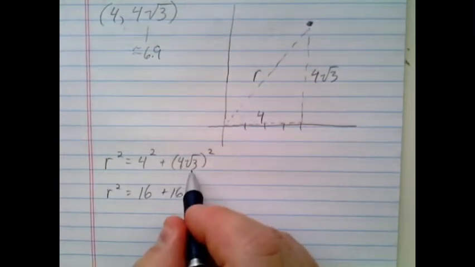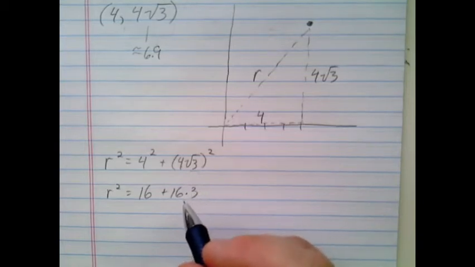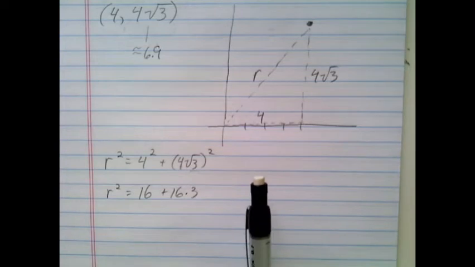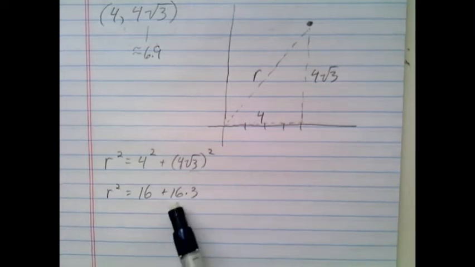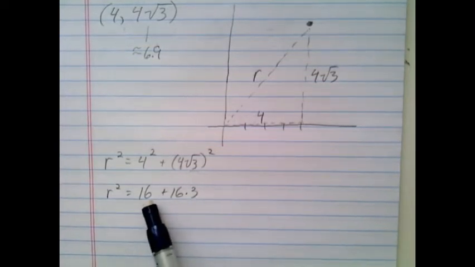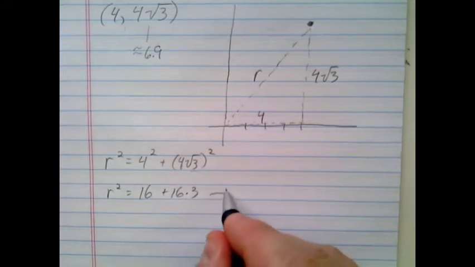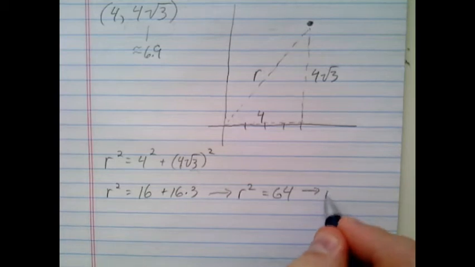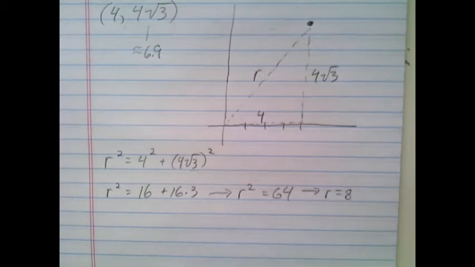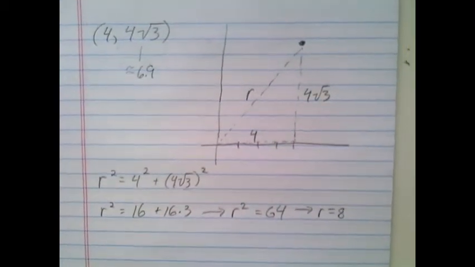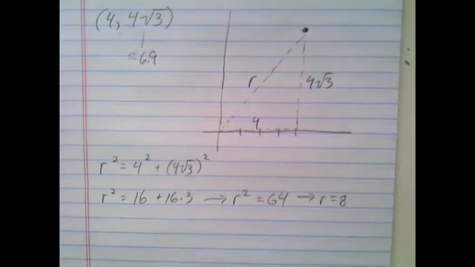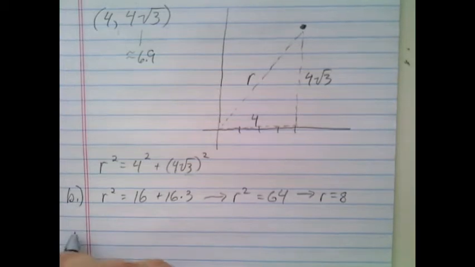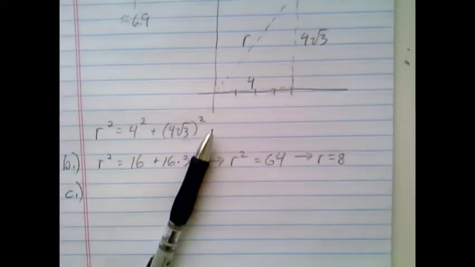The 4 gets squared and the square root of 3 gets squared. Let me see. 16 times 3 is 48, plus 16 is 64. So r squared is 64, and that implies that r is 8. So that's our distance from the origin for this point. It's 8. This was part B on the outline. Let's have a look at what part C said.